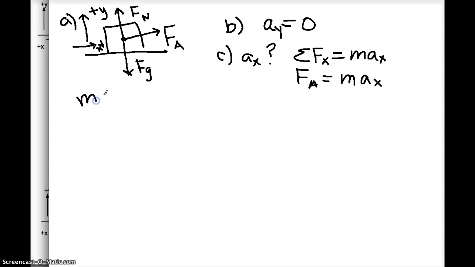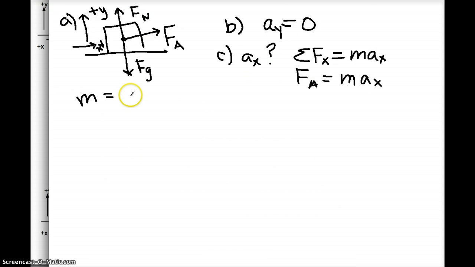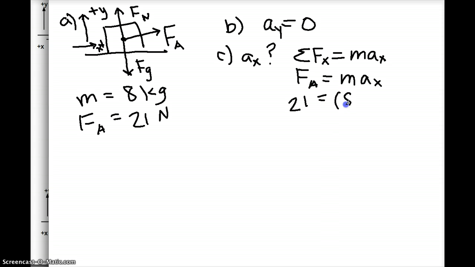I'm just going to list off what has been given. It's an 8 kilogram block, and applied force is 21 newtons. So I could just plug these in. The applied force is 21, the mass is 8, and I'm trying to find out what acceleration is.